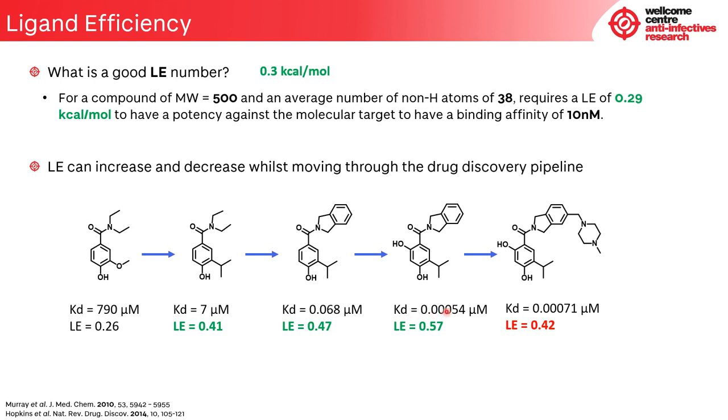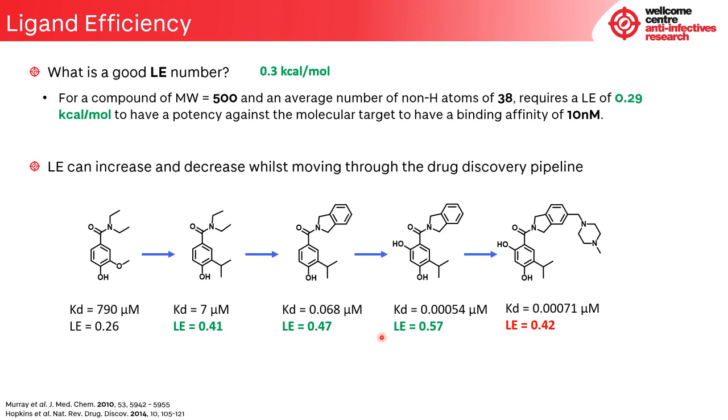You see that molecular mass is being added to the compound. Also, you see a boost in potency. This is reflected in its ligand efficiency value. You notice that it starts to increase, sometimes dramatically. All these values are above 0.3, meaning that your molecule is contributing well as a whole to binding in relation to its potency.